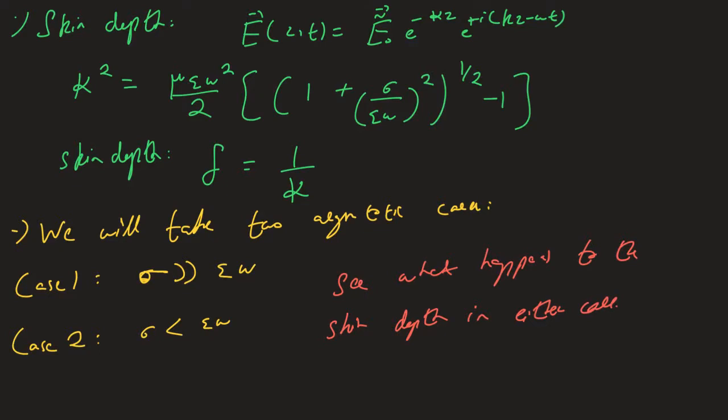Now let's take the first case, where sigma is much greater than epsilon omega. Omega is the frequency of the wave.